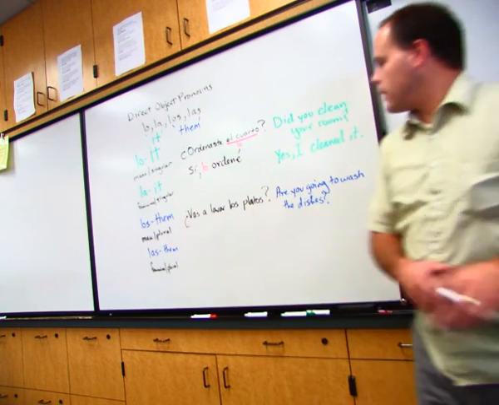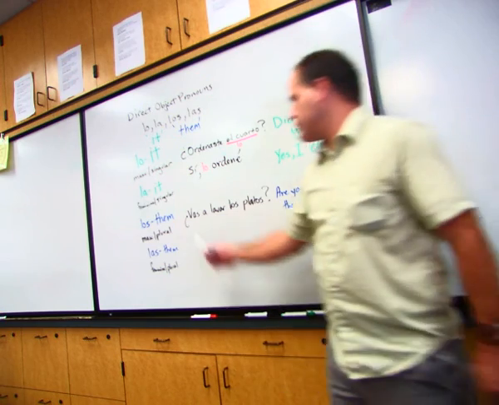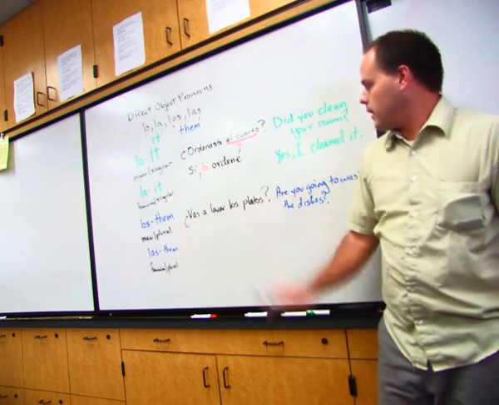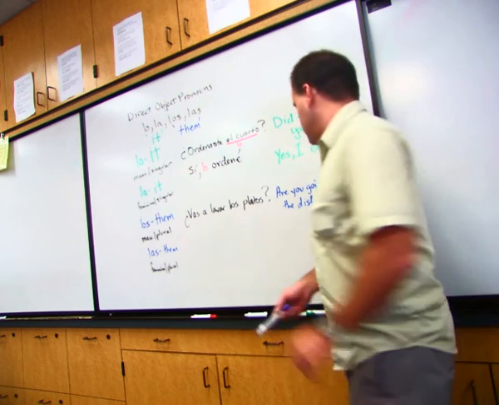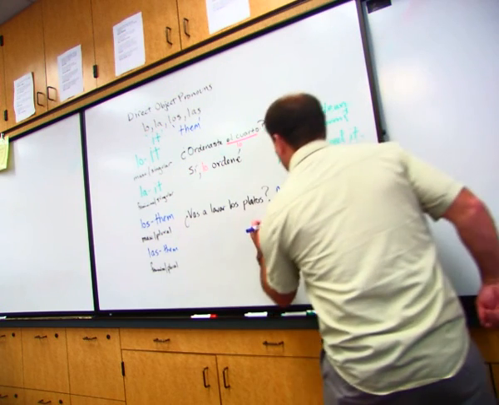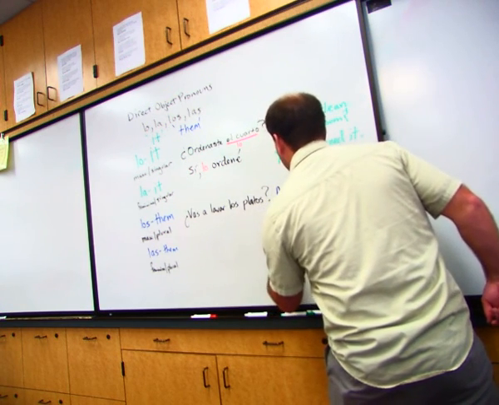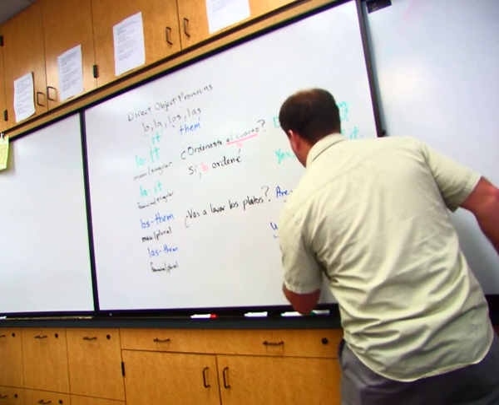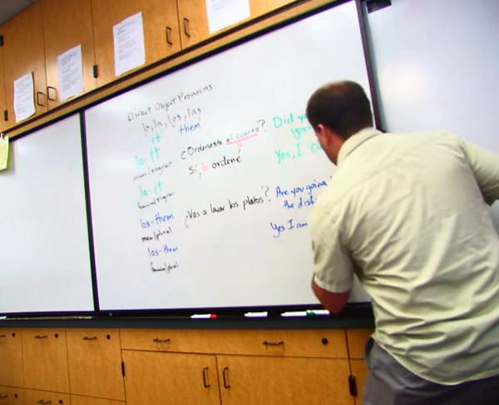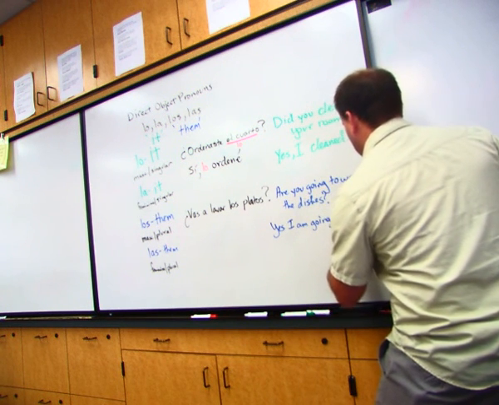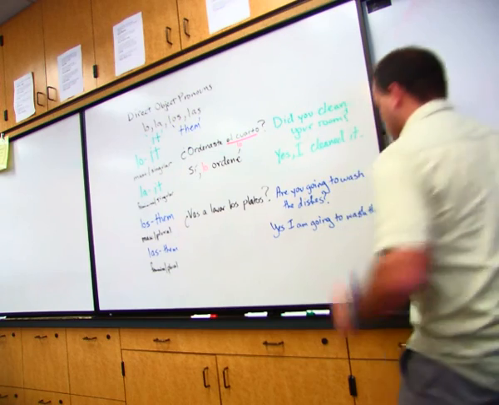Notice we have two verbs in there. We have vas and lavar. Now, our response, what are we going to say? You're going to say, yes, I am going to wash them.